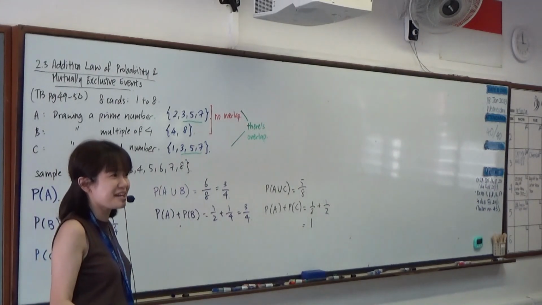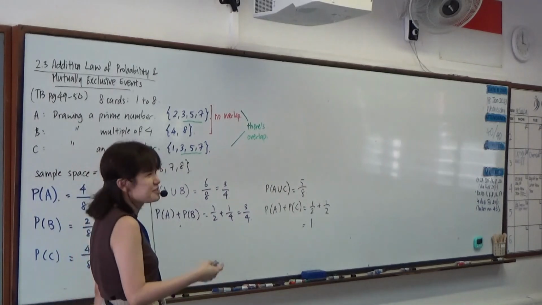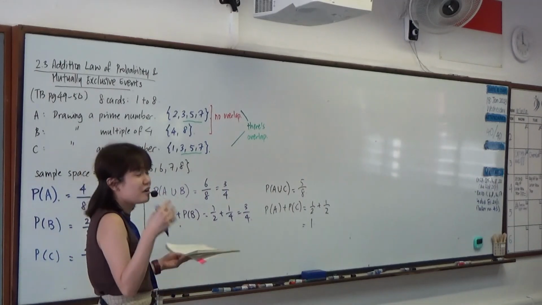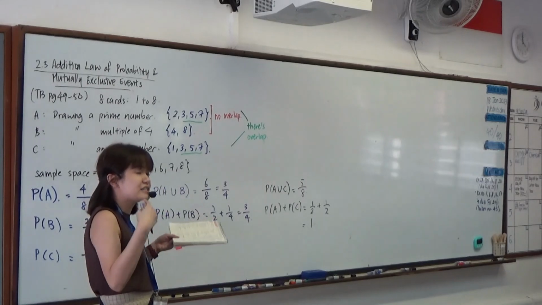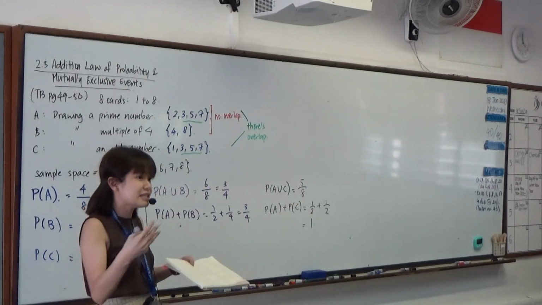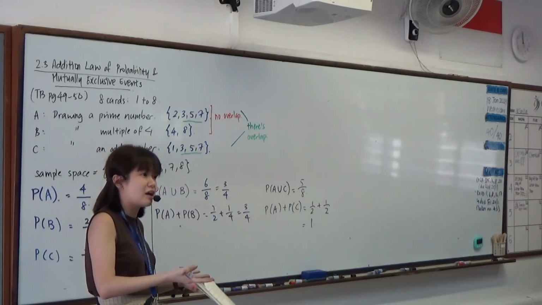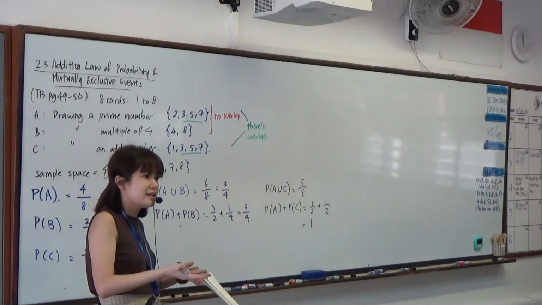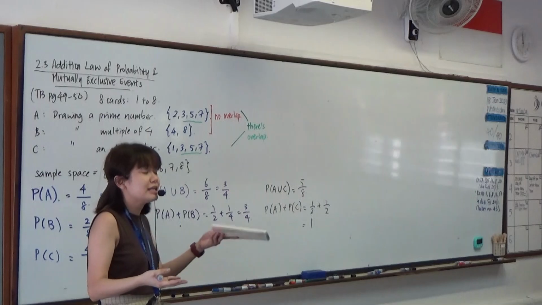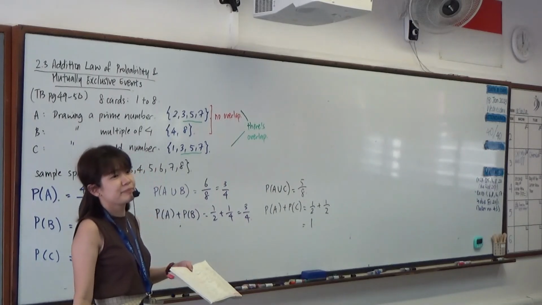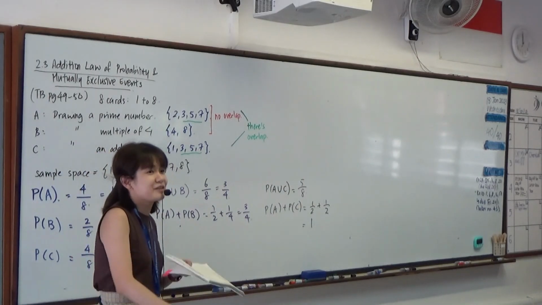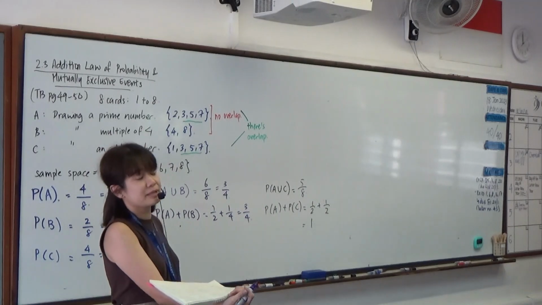I think it's not possible, okay? I'm surprised you all say it's possible. To me, it's not possible. So they cannot happen at the same time. So the event of Miss Pang teaching you maths and Mr. Lee teaching you maths, they are mutually exclusive events because they both cannot happen at the same time. You understand? Another example, can you eat lunch and dinner at the same time? Maybe some of you can, because you don't eat lunch at all, your dinner becomes your lunch.